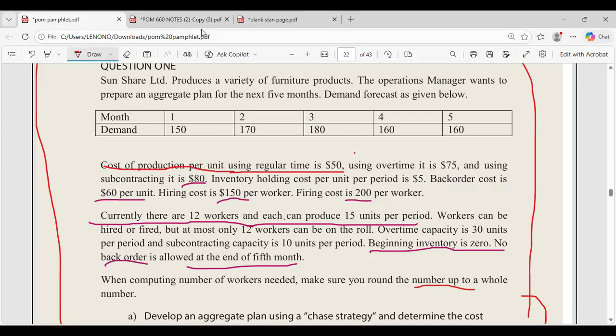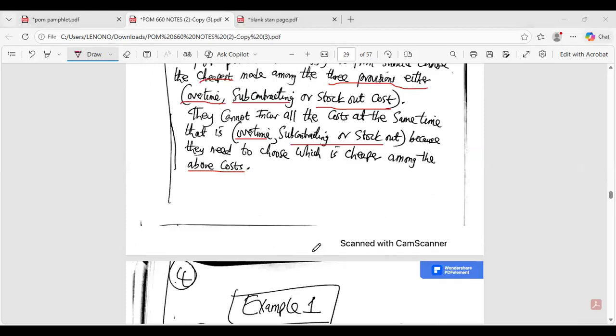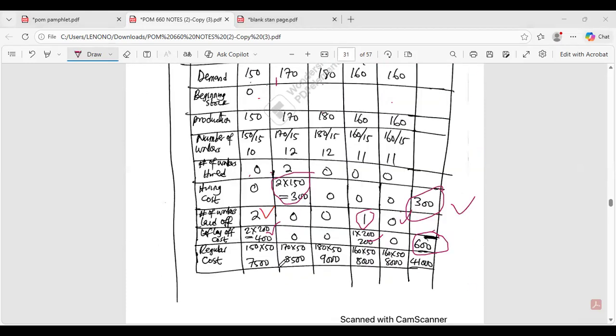So you start multiplying now: 50 by production. So 50 by 150, 170 by 50, 180 by 50, 160 by 50, 160 by 50. The total is giving us 41,000.